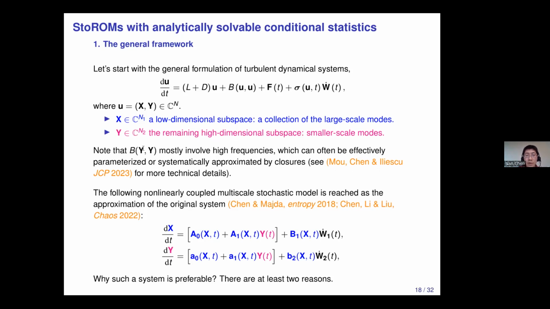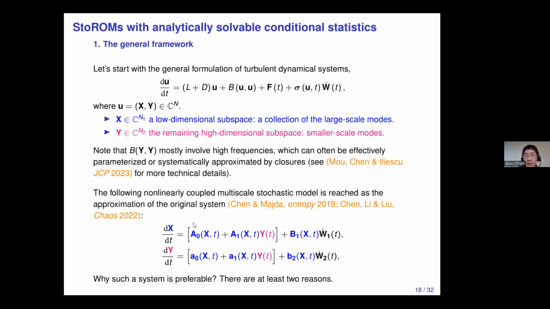So if we can approximate this B(Y,Y) term, then we drop it and use stochastic noise to replace its effect. After that, our system will look like this equation. We still have all this nonlinearity in X, and we can have X times Y, but now you do not see the YY term, right?